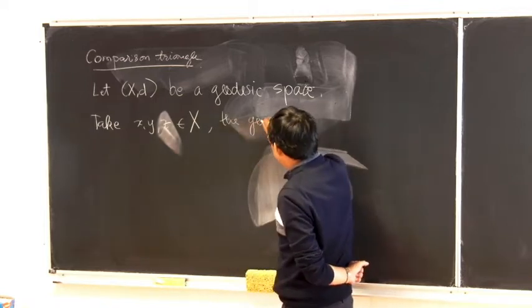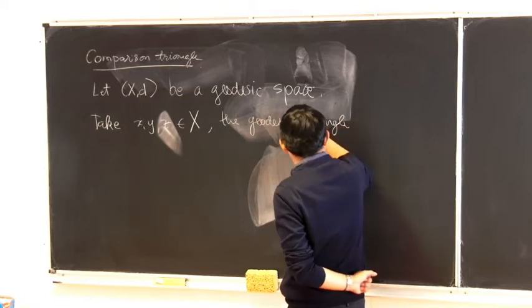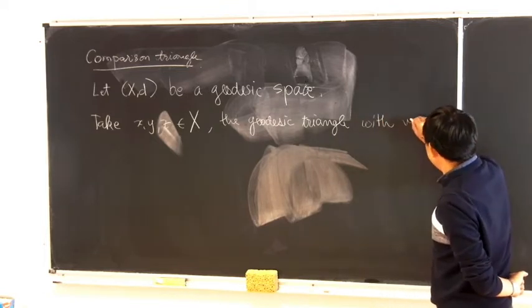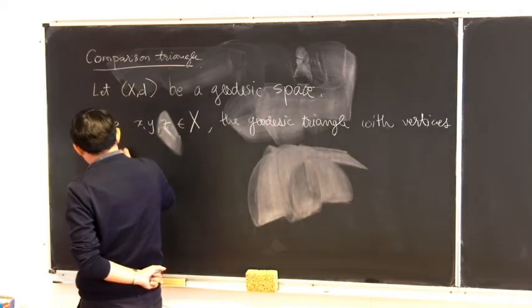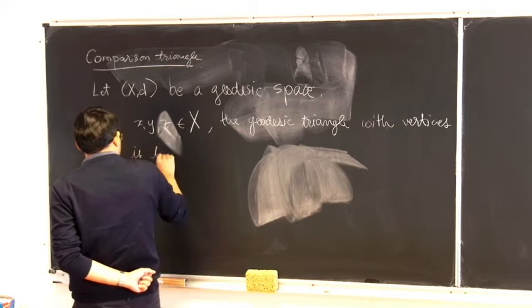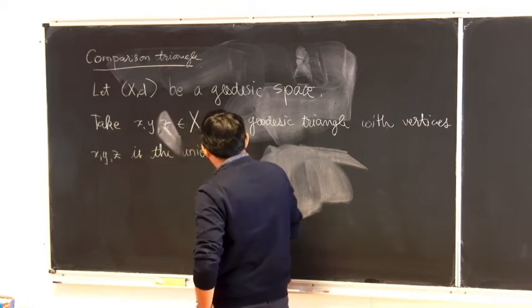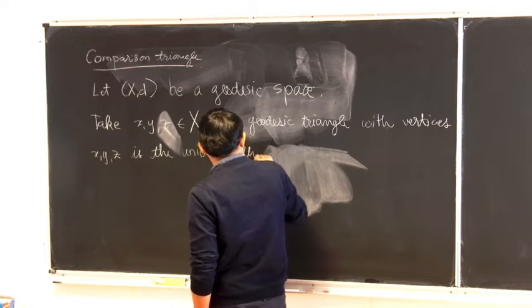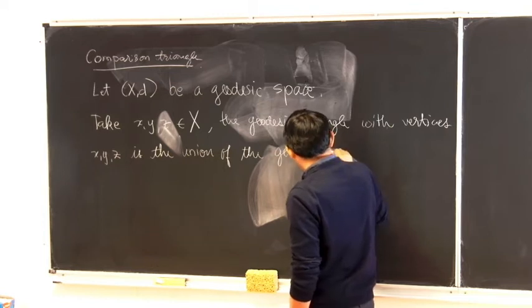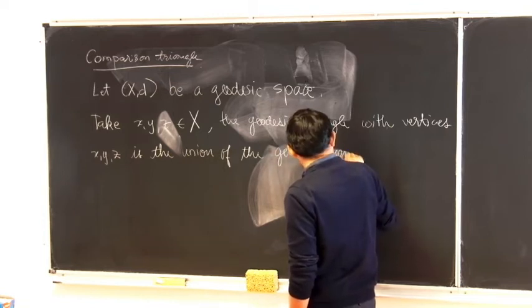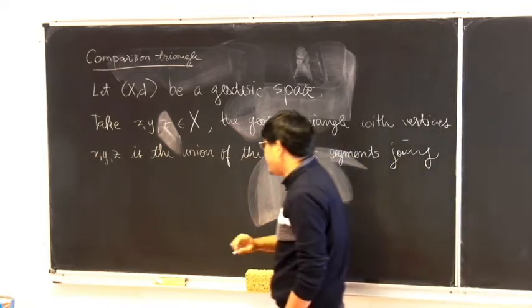The geodesic triangle with vertices x, y, and z is the union of the geodesic segments joining each pair of them.